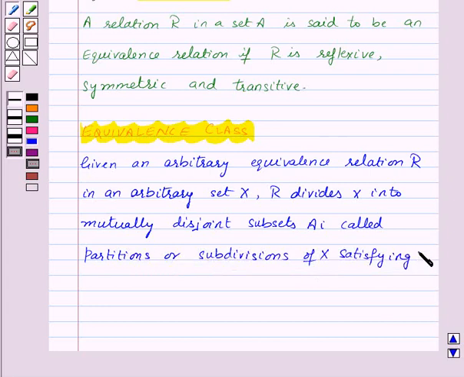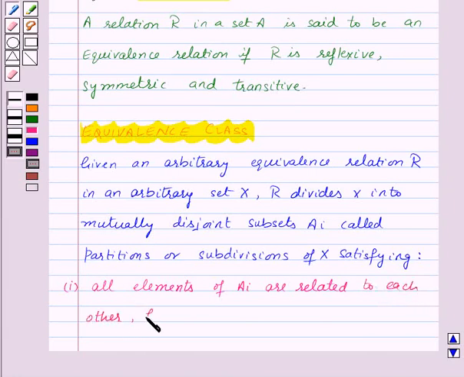First, all elements of a particular subset are related to each other. That is, all elements of Ai are related to each other for all i.